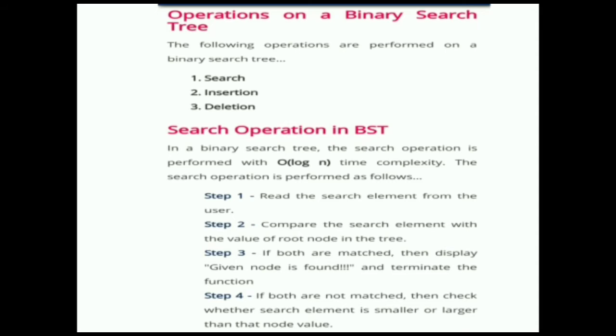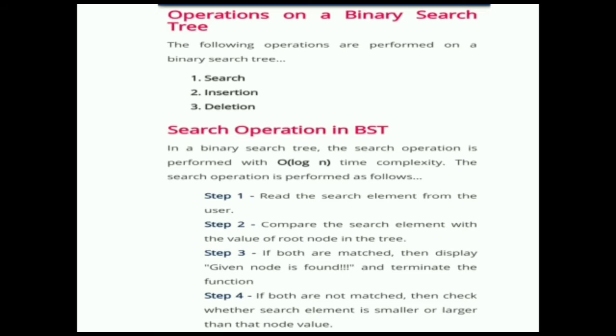The following steps are taken to search an element or node in a tree. First, we have to analyze the root node of the binary tree, then compare both nodes. If they are matched, the given node is found and terminate the function. If they are not matched, then we have to check whether the element is smaller or larger than the node value.